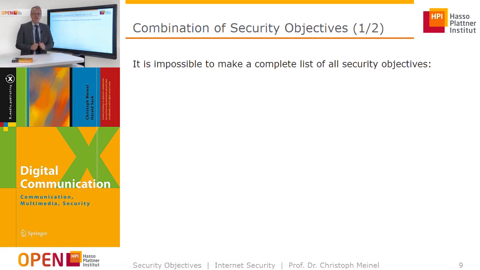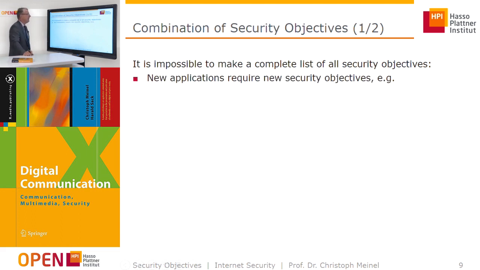What is important to say when we speak about security objectives is that there is typically not a single one that needs to be implemented to secure information over an open network like the internet. Typically, one has to combine different security objectives to provide the right level of security. I already mentioned that it's impossible to make a complete list of all security objectives.